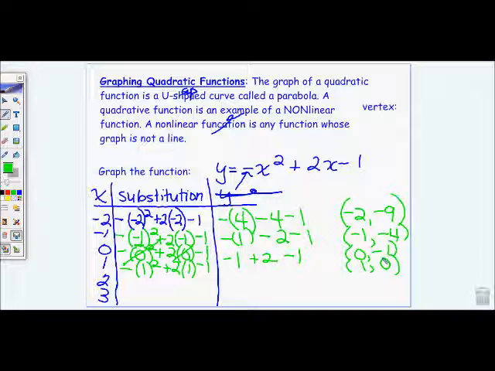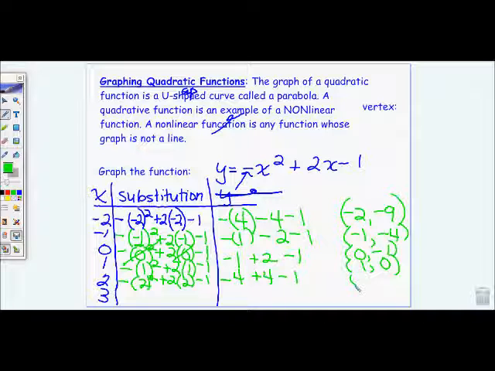Getting kind of tight and sloppy over there. Our x is 2 squared plus 2 times our x, which is 2 again, minus 1. 2 squared is 4. It's going to be a negative 4. But now 2 times 2 is a positive 4 minus 1. Those two cancel each other out.